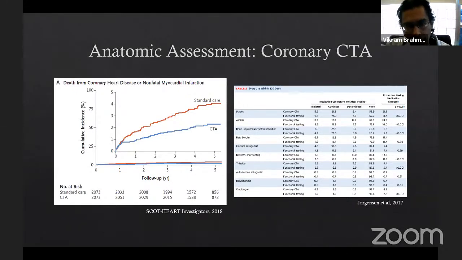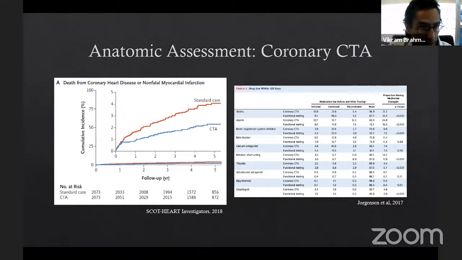It has excellent negative predictive value and the ability to identify non-obstructive disease where functional testing might not pick that up. It really gives us the opportunity to treat patients earlier with statins, aspirin, or other risk modification measures. So looking at the left side of the screen, we have the SCOT-HEART trial.